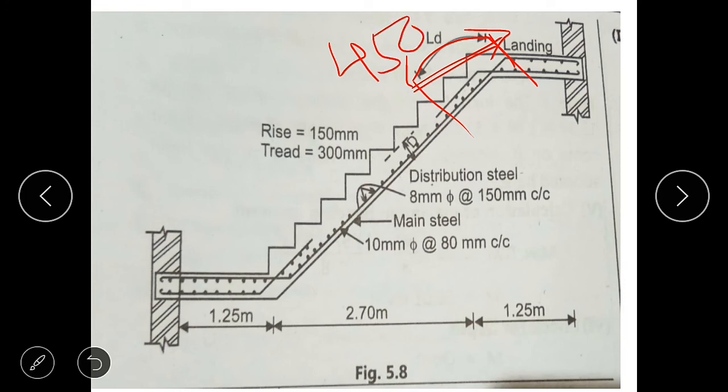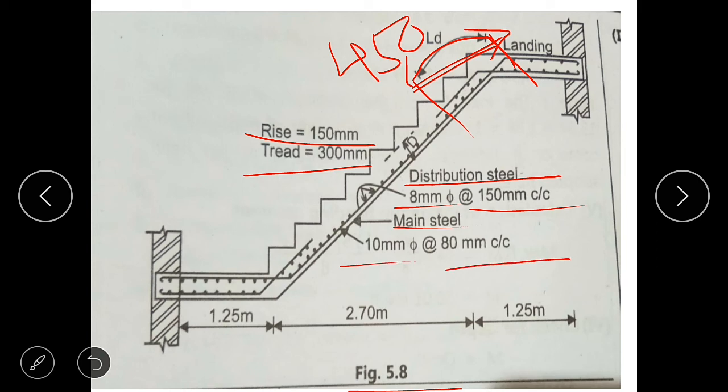So now here is the cross section of the staircase. Rise is 150, tread is 300 mm, distribution steel is 8 mm diameter bar at 150 mm spacing, main steel is 10 mm bar at 80 mm spacing. This to this distance is 2.75 and the remaining distance is 1.25, and here 1.25.